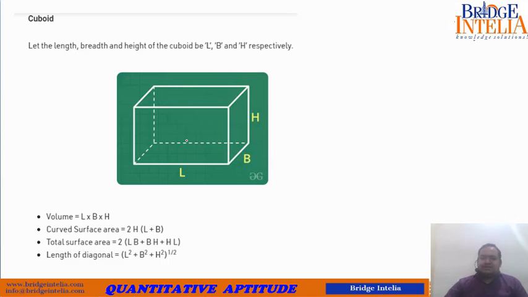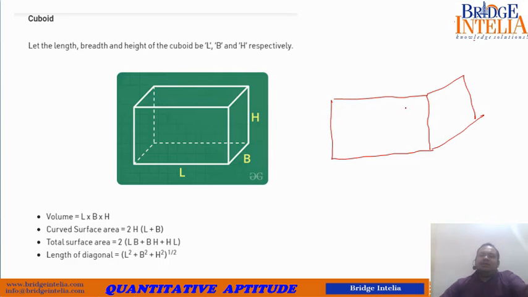Why? Please understand. Curved surface area means 4 such surfaces. One surface, two surfaces, and the two facing the opposite ones to these.